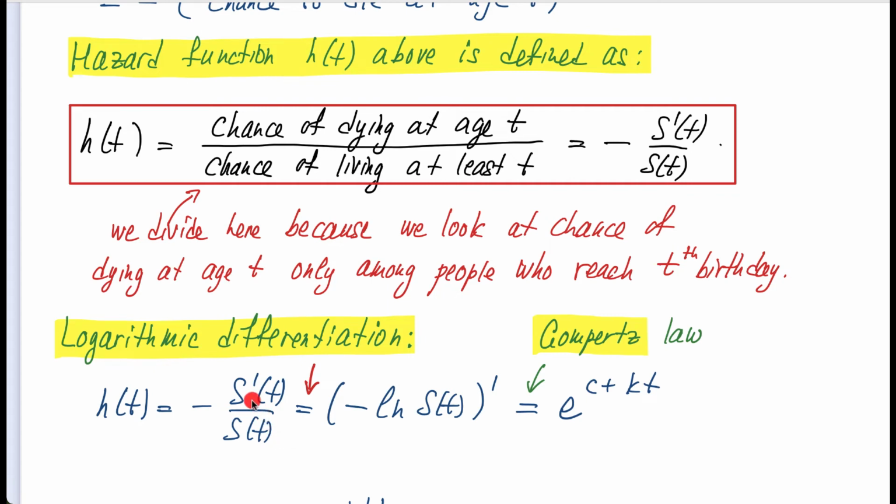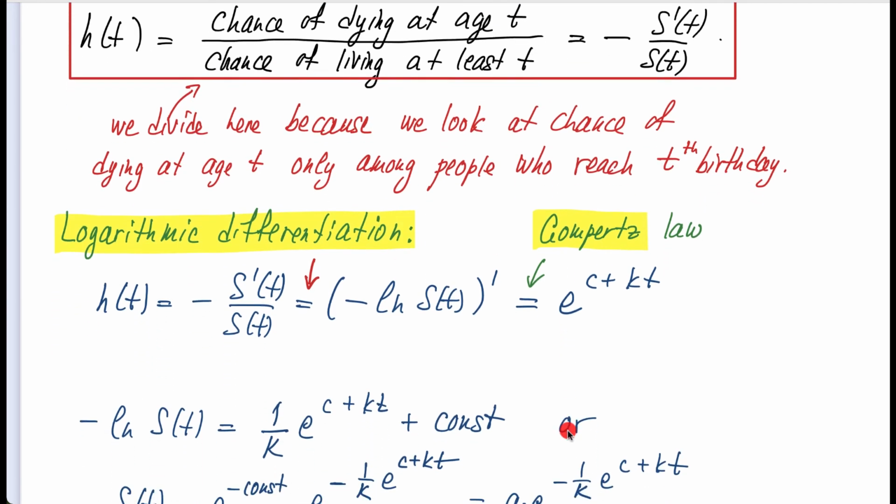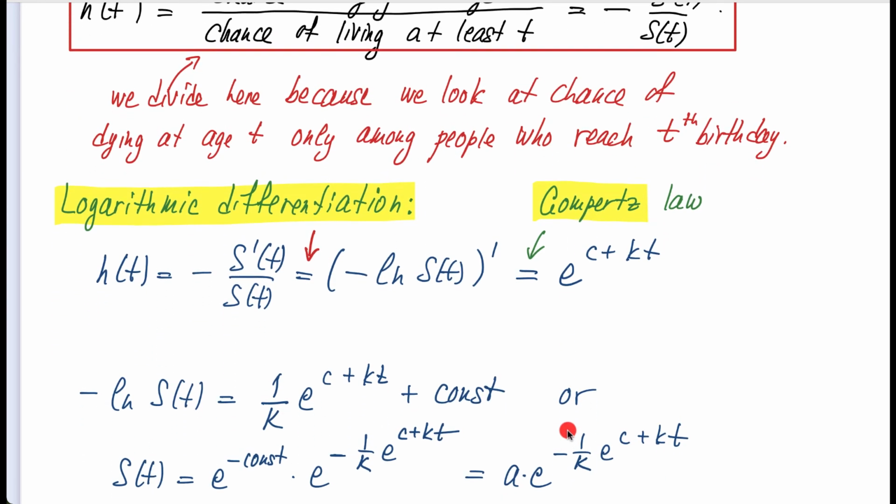On the other hand, since this is the hazard function, the Gompertz law, or that empirical observation above, tells us that this follows an exponential trend, that this should be equal to e to the c plus kt, as we saw above. And now, if we know that the derivative is equal to the exponential, then what is this function, minus ln of s?